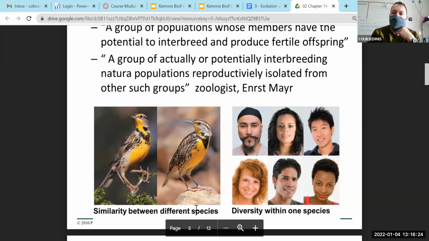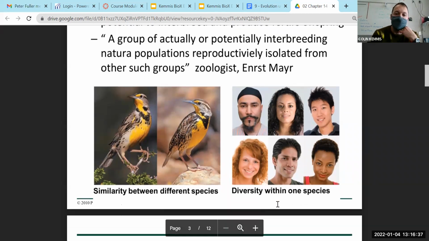And remember, like we talked about earlier this week, there's always diversity within one species, or variation within one species. Without the variations, we wouldn't be able to have evolution occur.